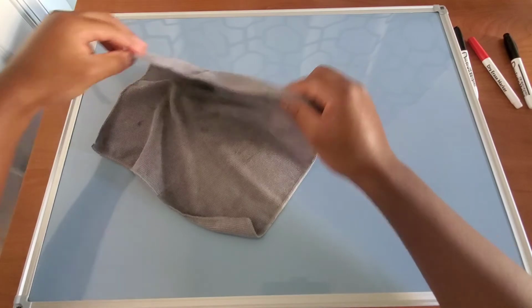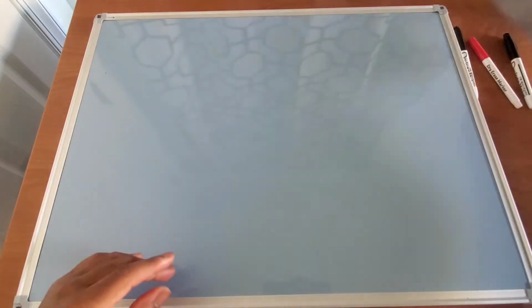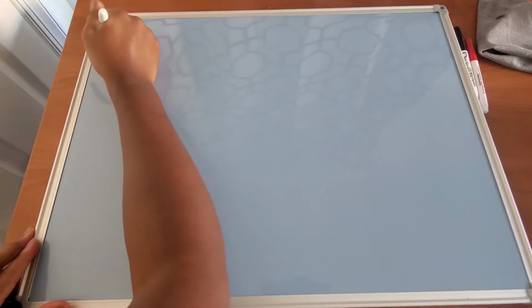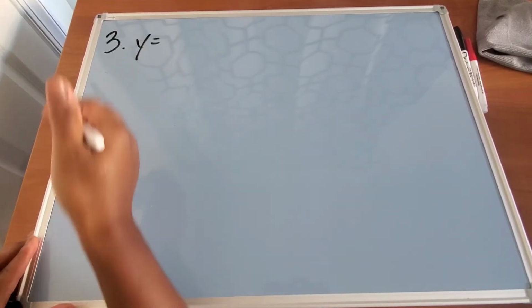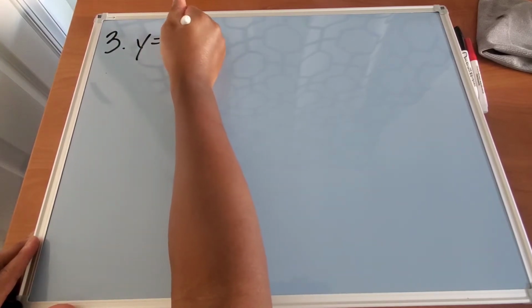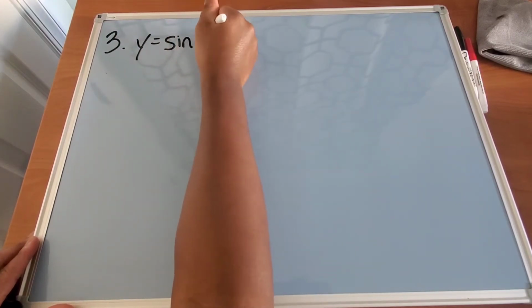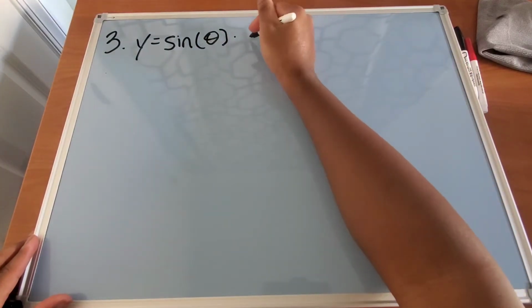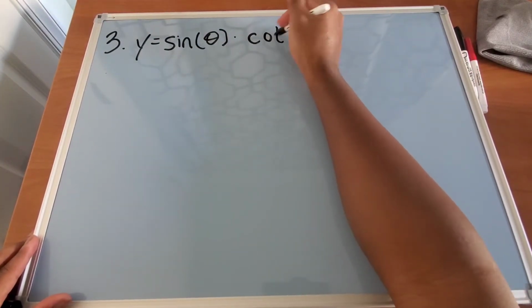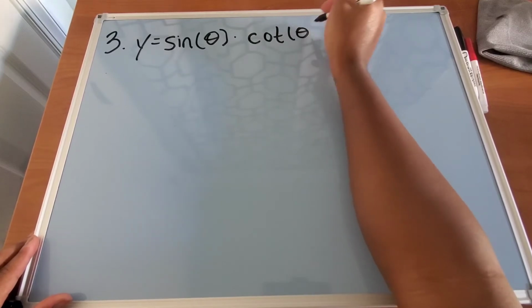So for question 3, we have y is equal to sine of theta times cotangent of theta. Now you don't have to use product rule in this one.